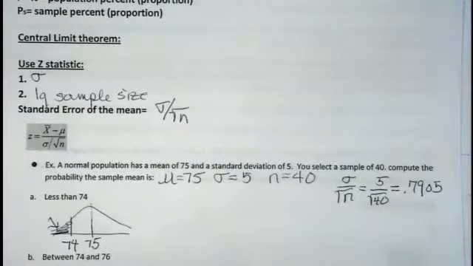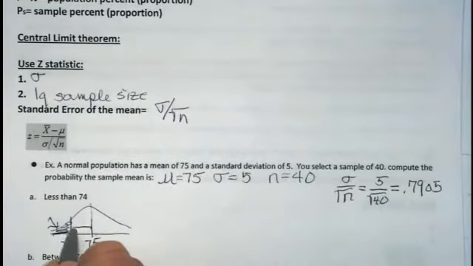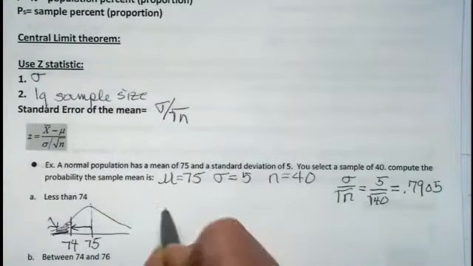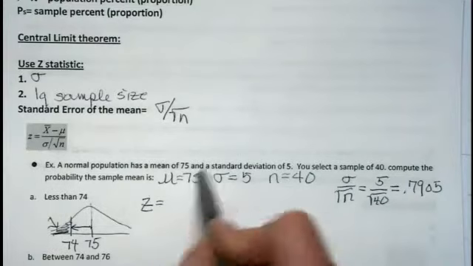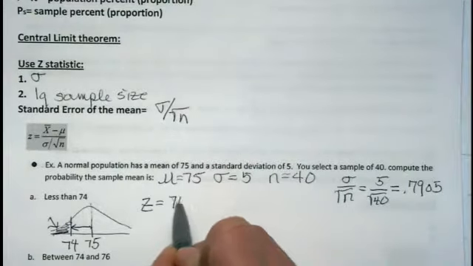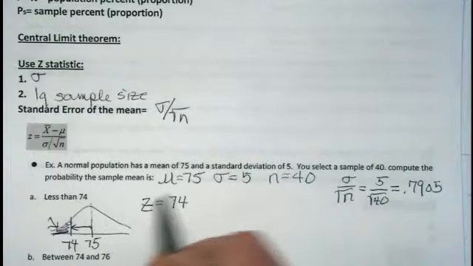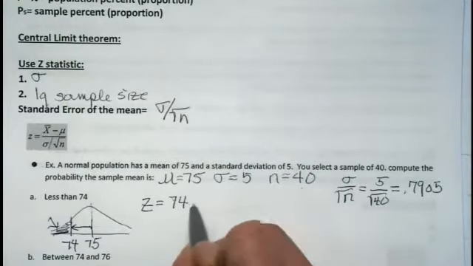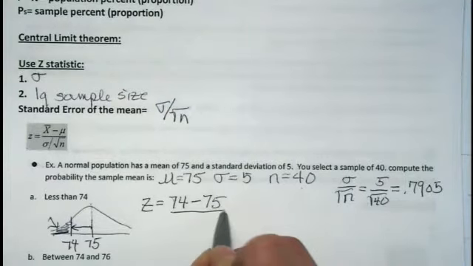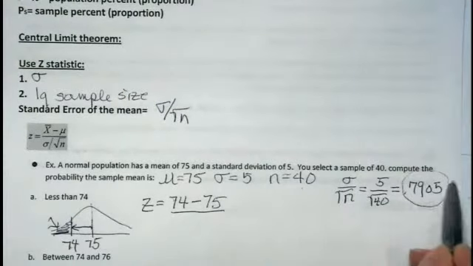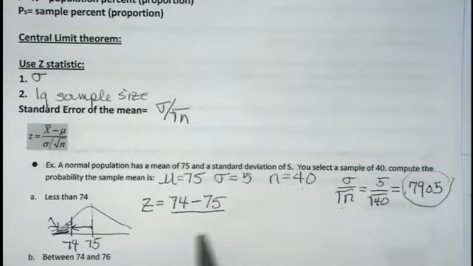But remember, our Z table was designed to calculate the percent area of the curve from the center line out. So that's what we're going to do. We have Z, and there's our Z formula. We have 74 now is the average of those 40 samples, minus 75 over, I am just going to use the standard error now instead of the entire formula since I calculated it.